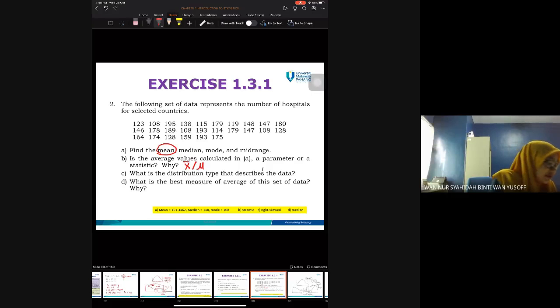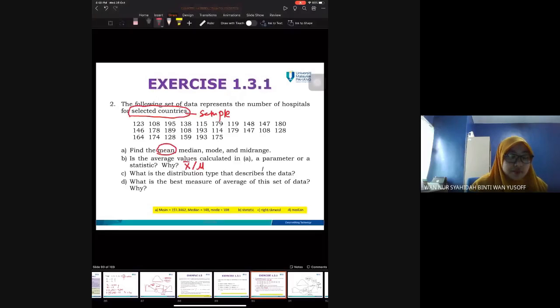Here it states selected countries, which means the data was only collected from selected countries. So it is a sample. If you have all countries, then it is a population. So that's why here we have X bar.